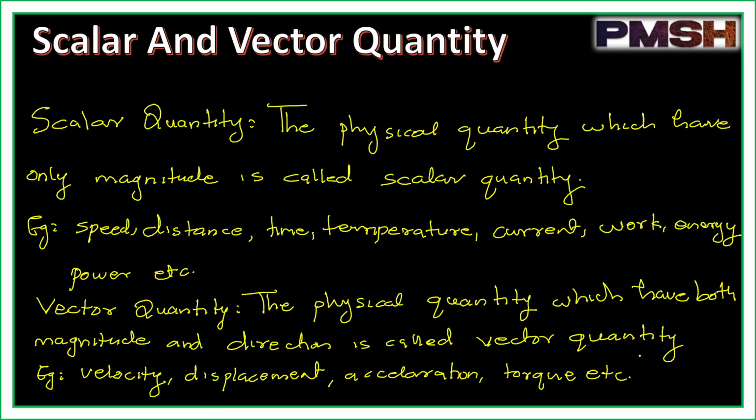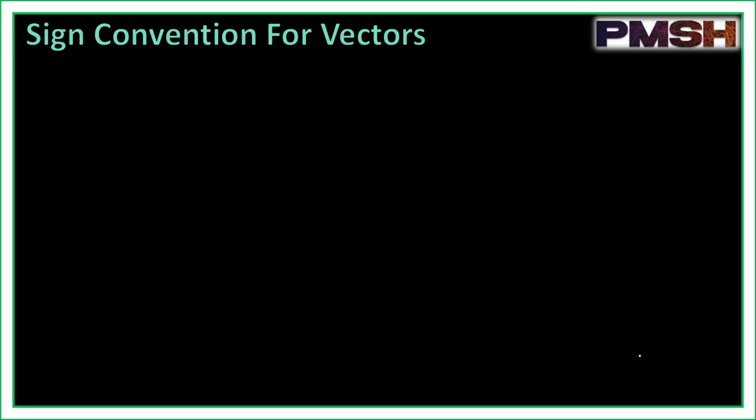I think it is clear what a scalar quantity and a vector quantity are. In a scalar quantity, we are only concerned about the magnitude, and in a vector quantity, we are concerned about magnitude as well as the direction. So how to deal with vectors?